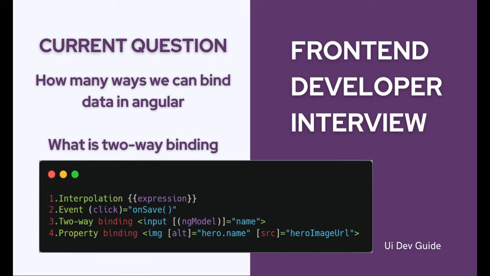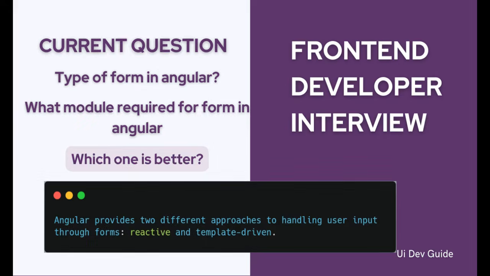So how many ways can we create a form in Angular? We can make forms in two types. In earlier Angular versions, we used to do forms with template forms. Template forms are where everything is present on your HTML template.